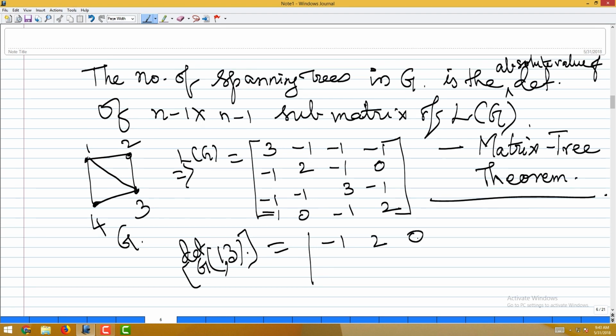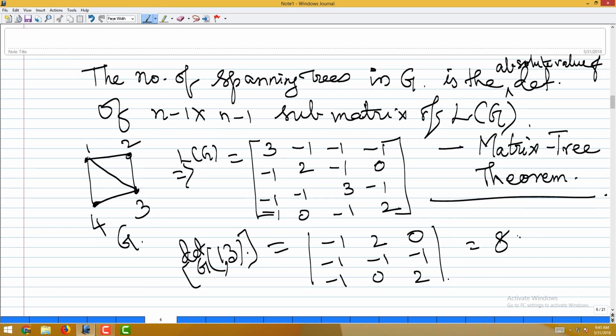Minus 1 2 0 1 minus 1 0 2, right. Is it 8 or minus 8? Sure, right, okay. Because I did not say cofactor, so it is 8. We are just looking at the subfactor.